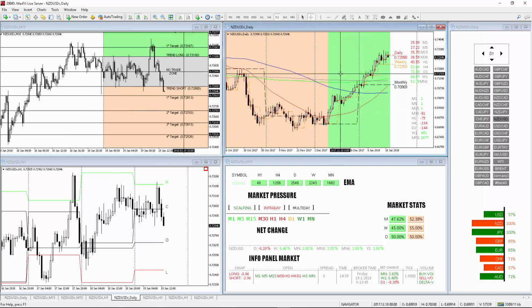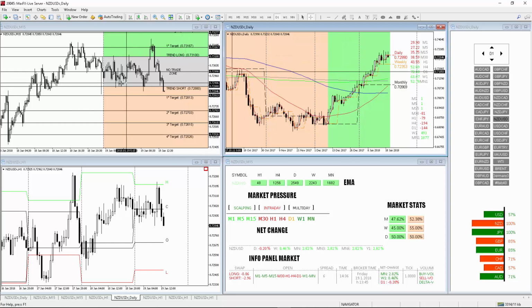Kiwi US dollar is moving in a bearish tendency after a false breakout of the previous daily high. The market is just below the entry level of the bearish zone of the target geometry at 0.7288. We have a bearish price action at an intraday level and a breakout of the previous lows on M30 and H1. The market is losing 0.19%.